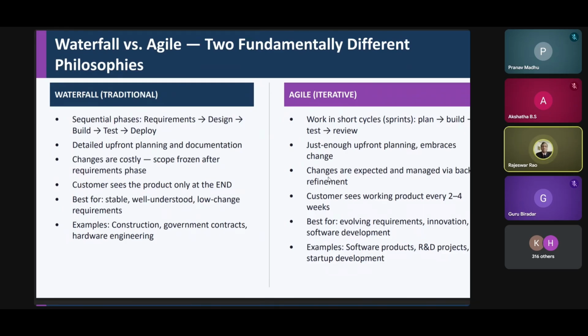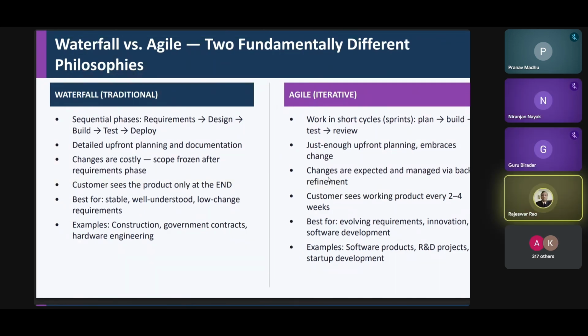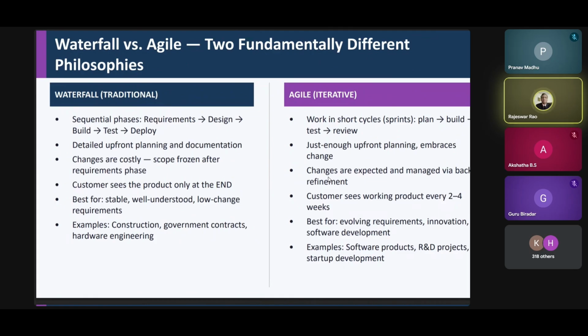You cannot look into requirements when the design has started. You cannot look into design when the development has started. You cannot look into development when the testing has started. But that puts a lot of constraints on the requirements and the business relevance of the project. Suppose you are doing a project for 3 months or 6 months. The customer gets to see the project only after 3 months or 6 months.